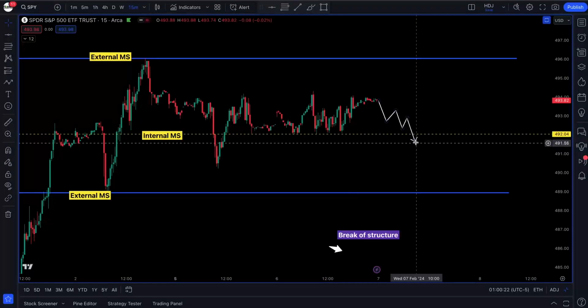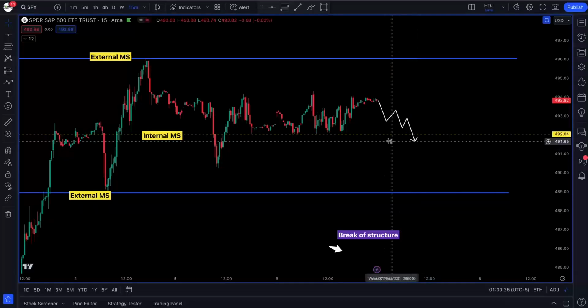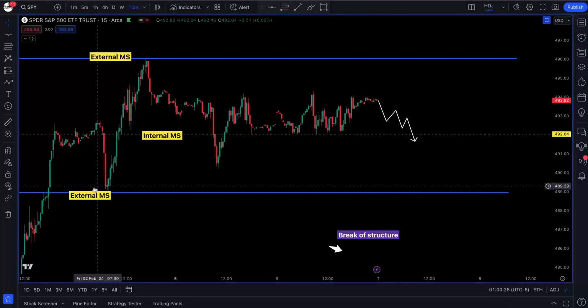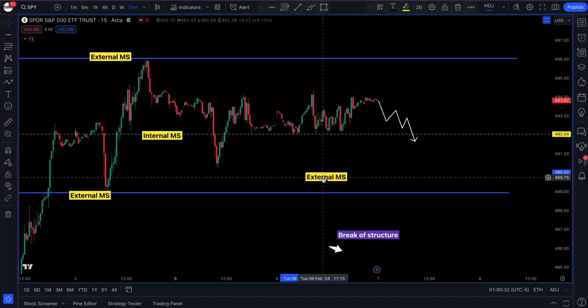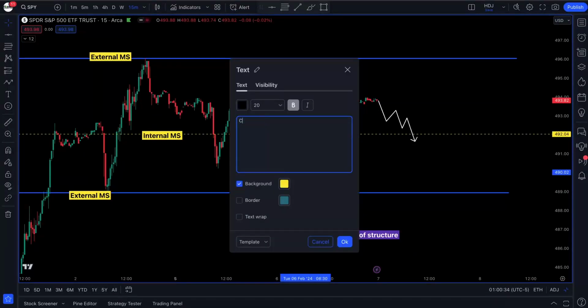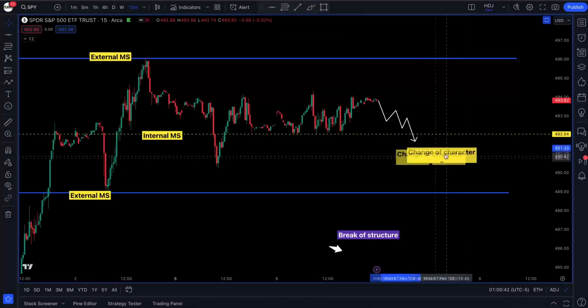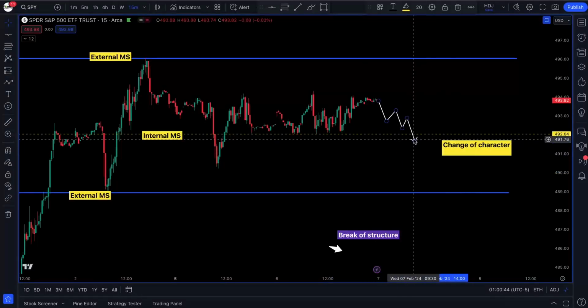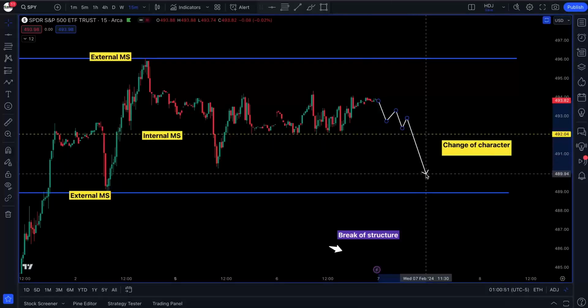And in this example here, let's say price action comes down, creates a what? Change of character. If you said change of character, you are definitely on point. Okay, change of character. So we can assume that price action is going to continue to head to the downside.